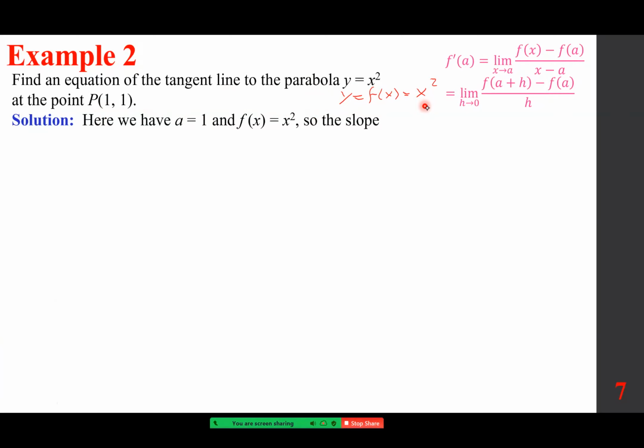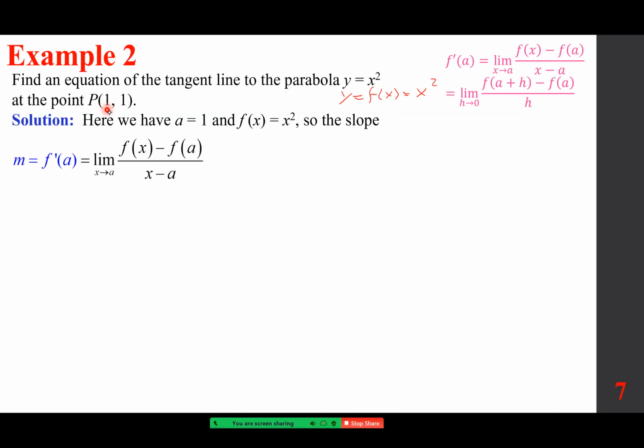So we want to find the tangent line. We are going to use one of those. And so we find the slope m or f prime of a using one of those formulas. So we're going to use the top formula this time. And a is replaced with 1, the x coordinate of the pair.